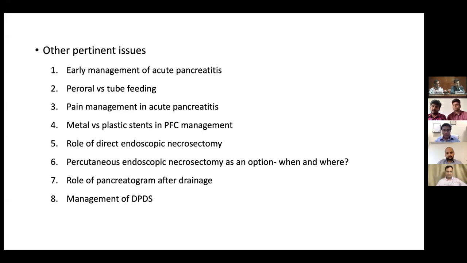Sir, we should consider nutrition from day 2 to day 3 of presentation itself. Since the patient is in ICU, he might not be able to tolerate oral feeds. We should consider nasogastric or nasojejunal tube placement. And caloric requirement at the rate of 25 to 30 kilocalories and protein requirement of 1 to 1.5 grams per kg.